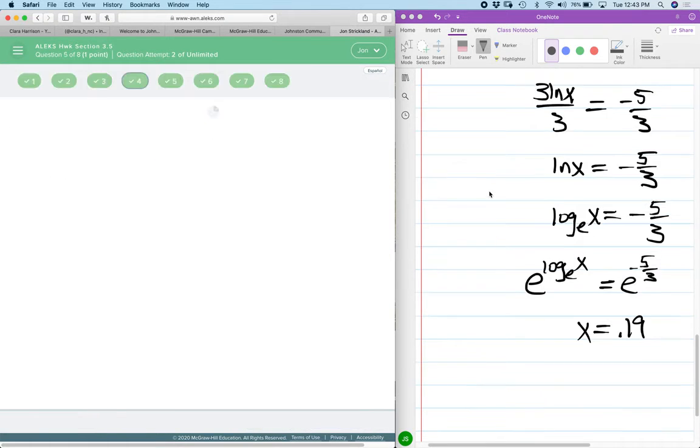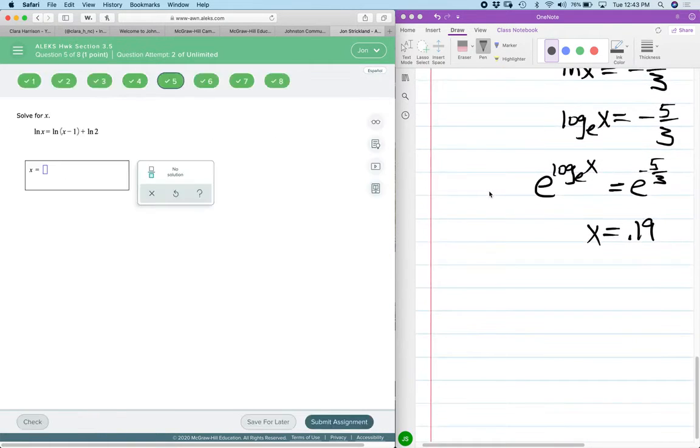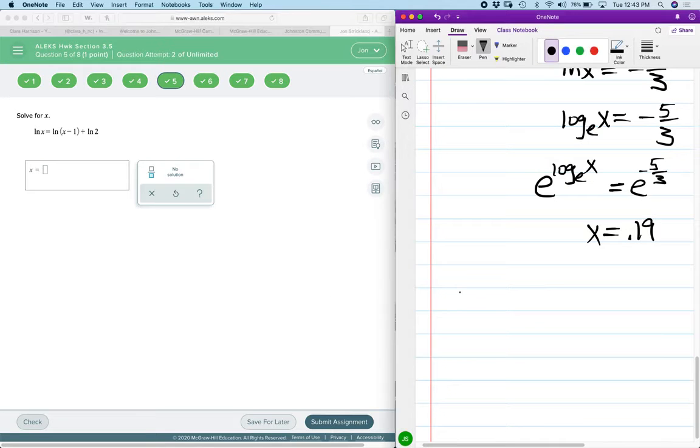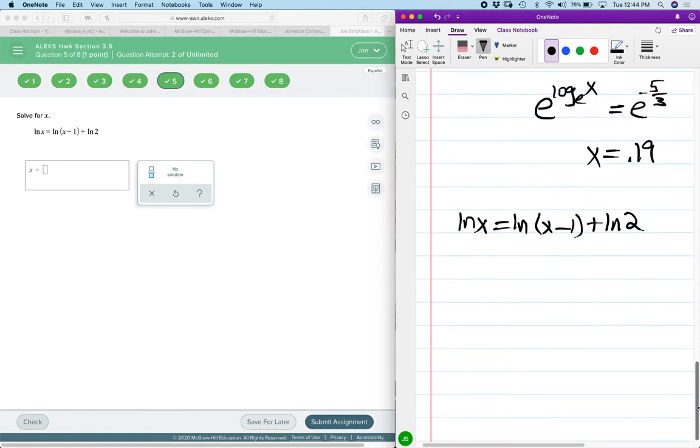Now, for number 5, we have that the natural logarithm of x is equal to the natural logarithm of the quantity x minus 1 plus the natural logarithm of 2. In solving for x, we have the sum of logarithms, the natural logarithm of the quantity x minus 1 plus the natural logarithm of 2.